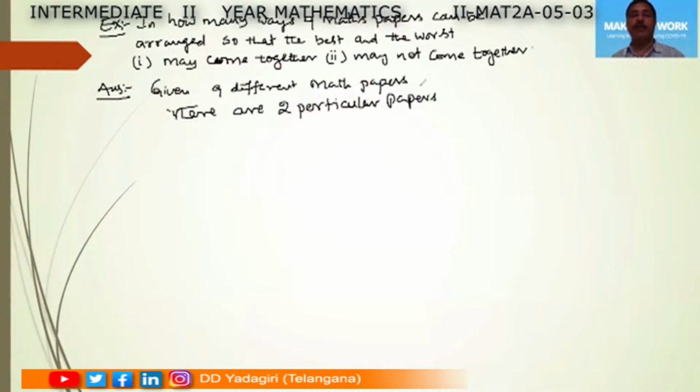What are those 2 particular papers? The best and the worst. So these 2 particular papers may come together. And another condition, may not come together. Now these are the permutations that can be made fulfilling the given conditions.